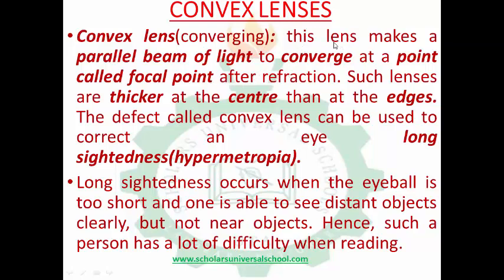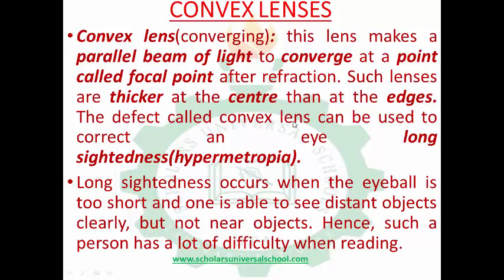What makes the beam of light converge is a convex lens. Such lenses are thicker at the middle than at the edges.